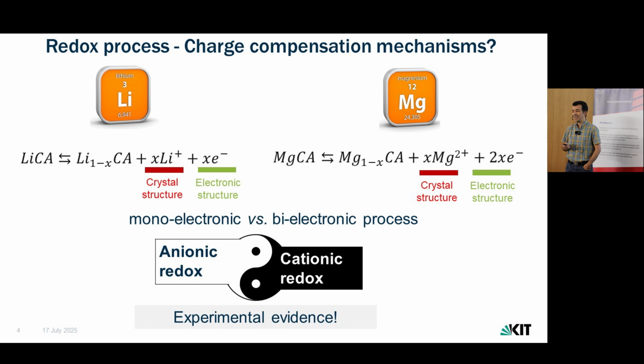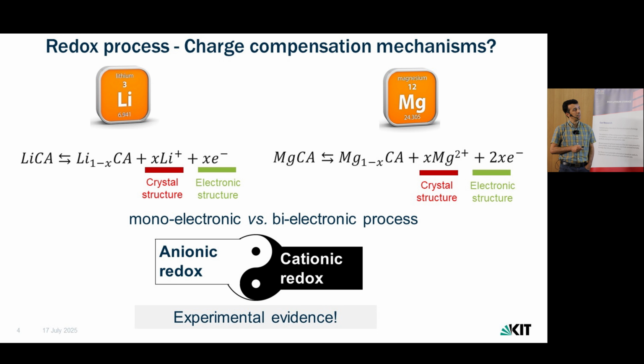In both cases, the electrochemical processes are driven by the known electrochemical reaction, where C and A refer to cation and anion. During insertion and de-insertion, in this case we exchange 2 electrons, and in this case only 1. During this process, the exchange of the ion will impact the crystal structure or host structure, and the electron will impact the ionic-electronic structure.